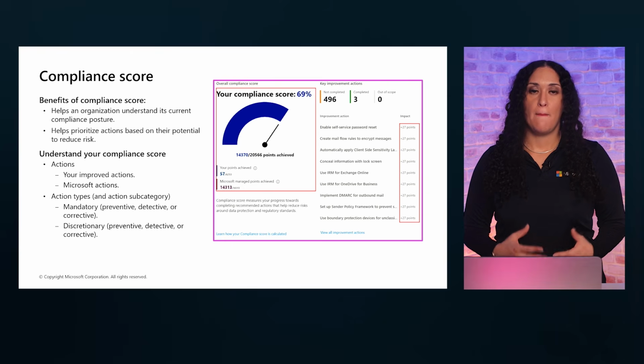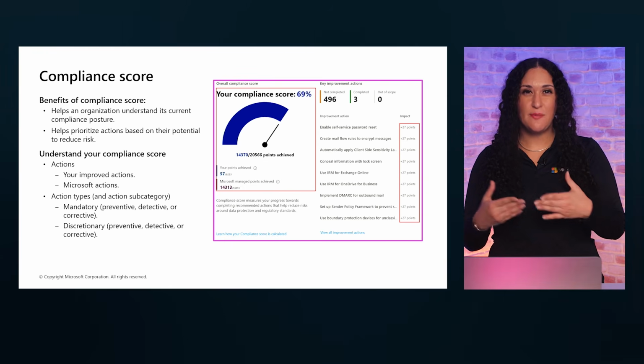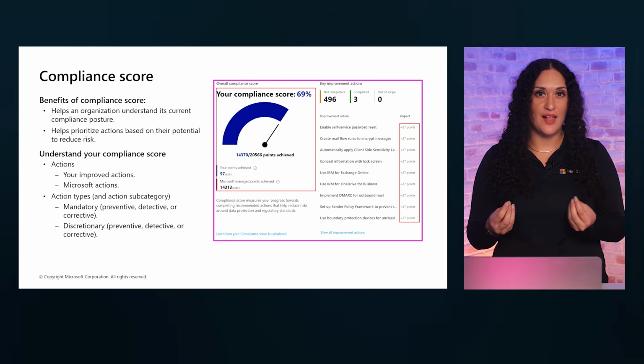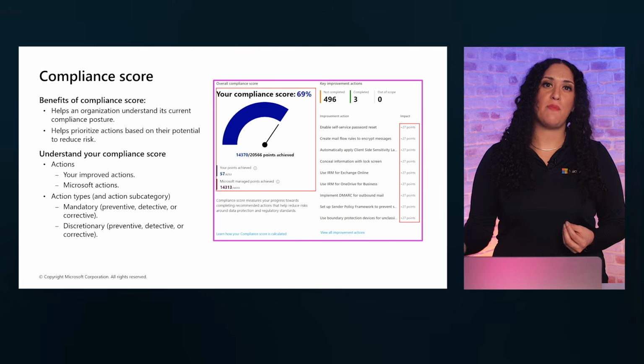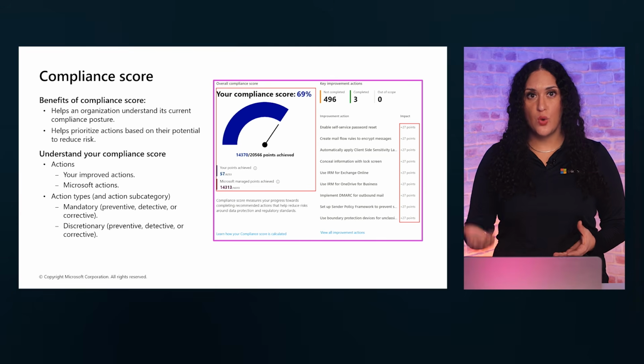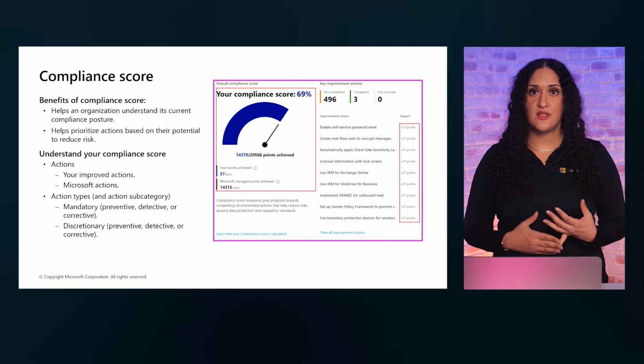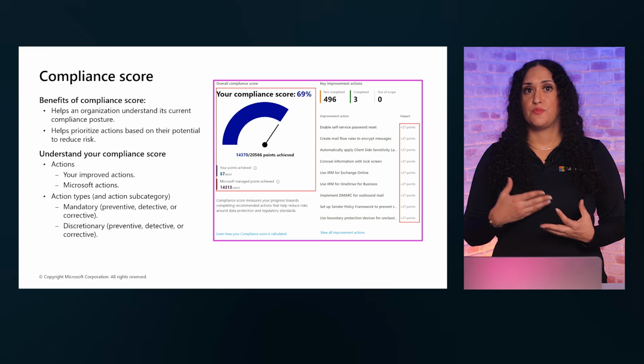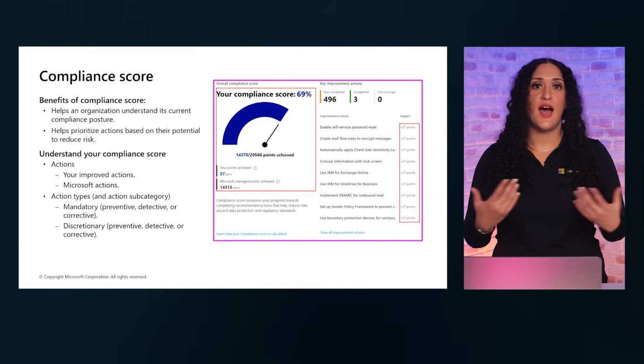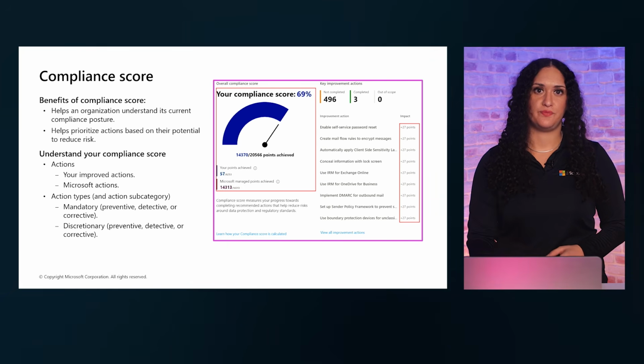For example, mandatory preventative actions typically carry higher point values because they have the greatest impact on improving the compliance score. We can use the compliance score to track readiness for audits, report and provide status to leadership, and guide compliance roadmaps.